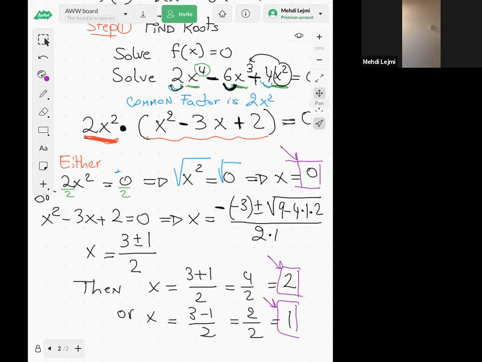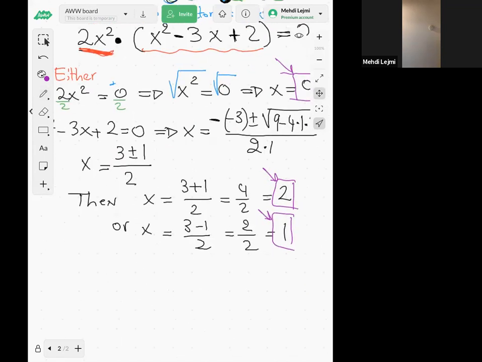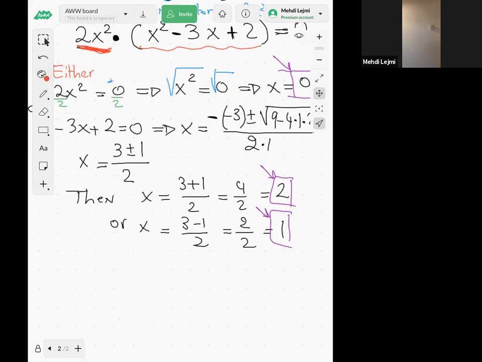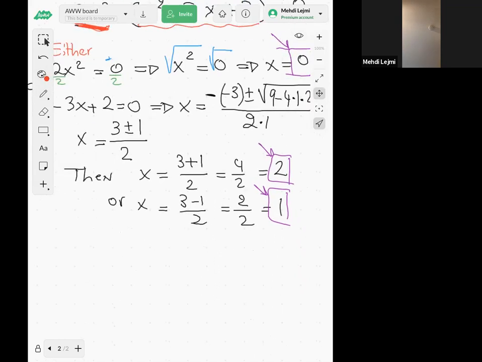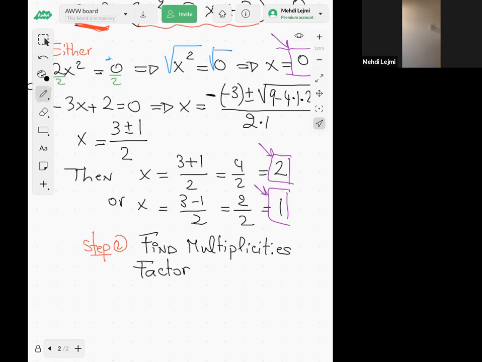Now I want to find the multiplicities, right? So that will be my second step, step number 2. So I want to find the multiplicities. All right, so we have to factor f of x. So f of x, again, is 2x to the fourth minus 6x cubed plus 4x squared.